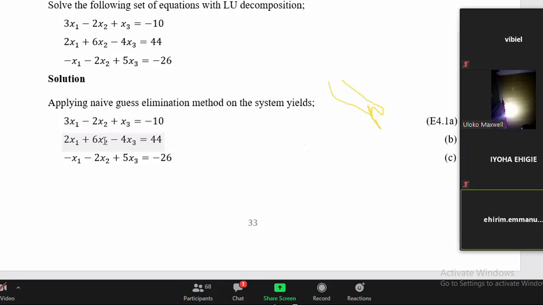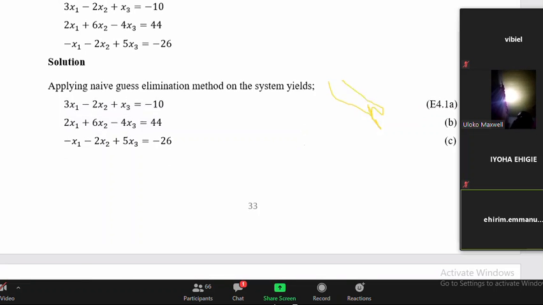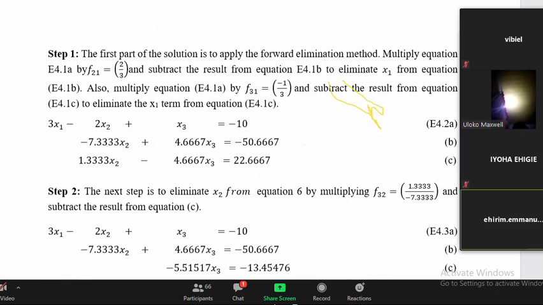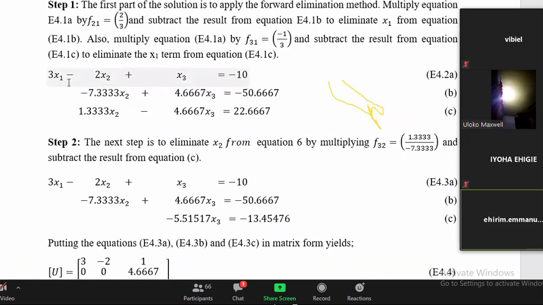Then we will eliminate x2 from equation 3, leaving this equation as standard equation. The factor will be A32 prime divided by A22 prime. That will be F32. Because we have done it, we are not going to repeat all that. So when you do the first elimination of x1 from the second and third equations, this is what you have now.